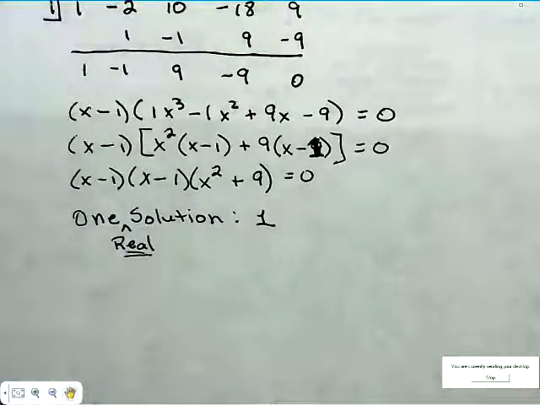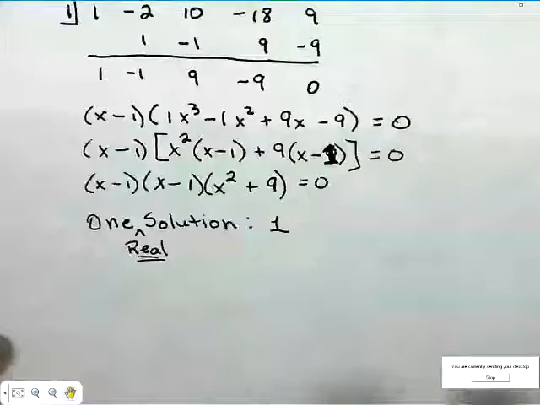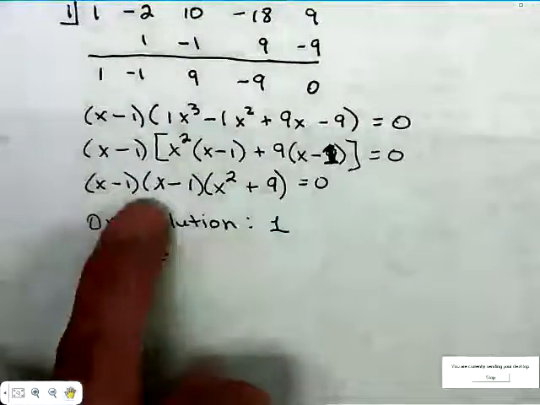By the way, if this problem did say graph, how many x-intercepts does this function have? 1. And if it said graph f of x equals the original equation, I would say 1 is a 0 of multiplicity what?